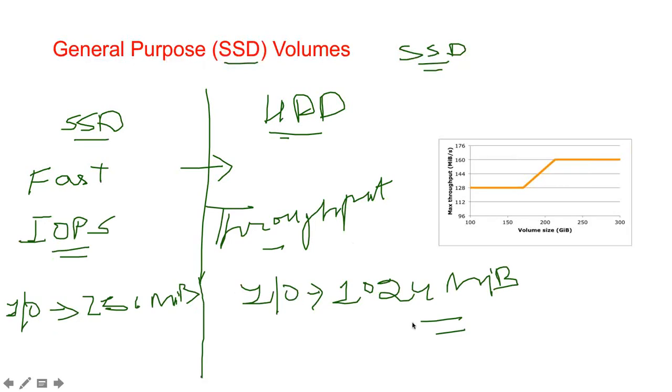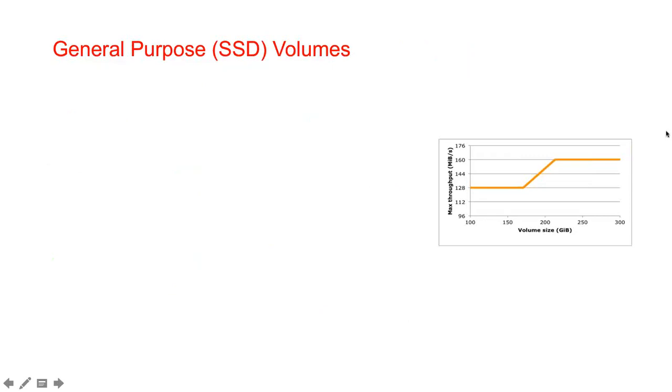That's because the data sets are large in the hard disk as compared to the solid state disk. So the solid state disk facilitates a small amount of data to be written, and even though it is small and sequential, it's quite fast. So over here, we will be using the SSD volumes, whose performance is measured in the form of IOPS.